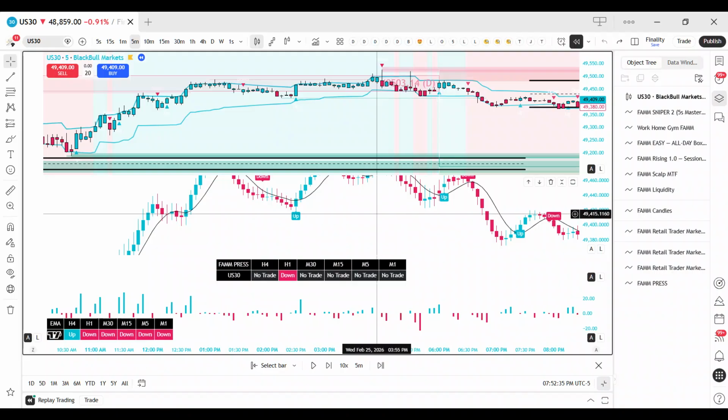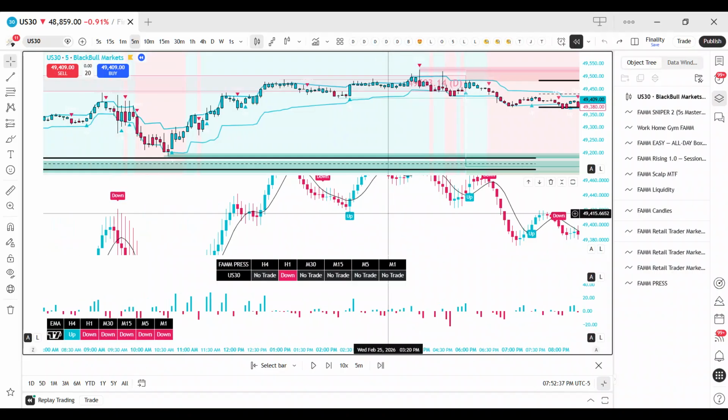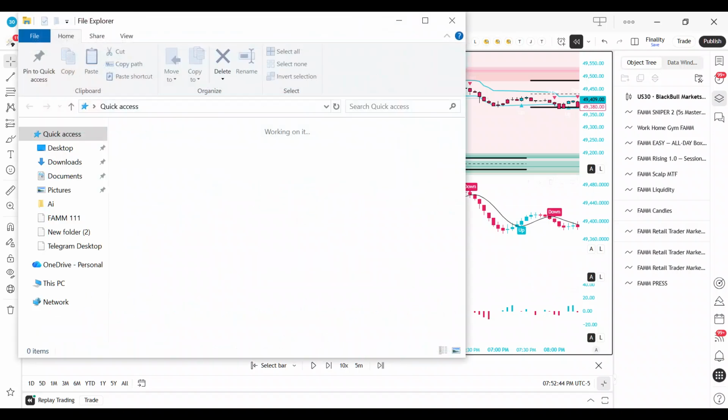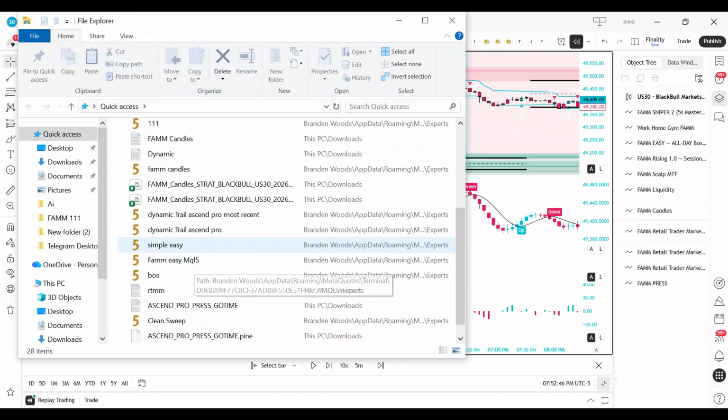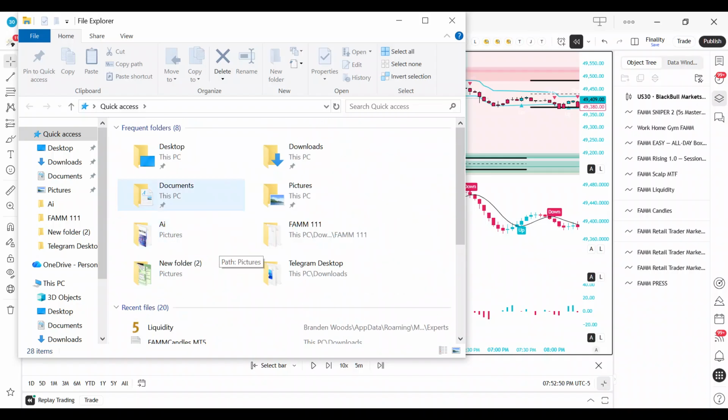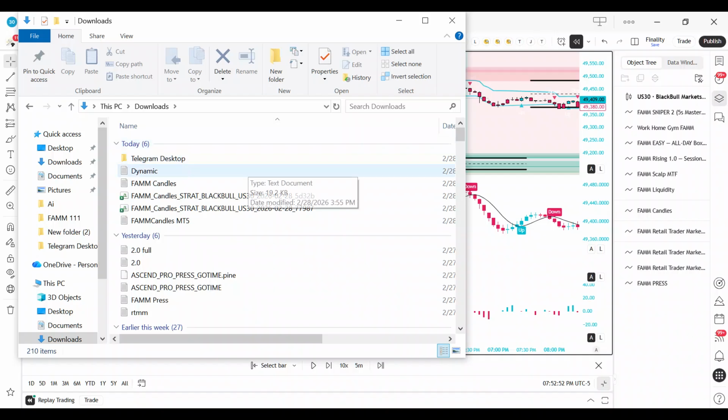So if I come on back here, maybe it'll pull up. No, it won't. What I can do is see downloads.